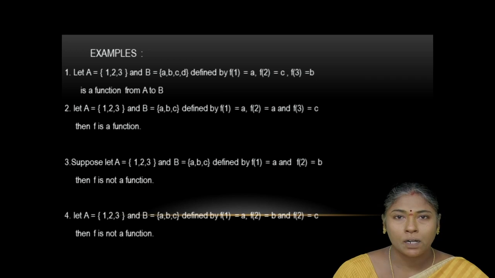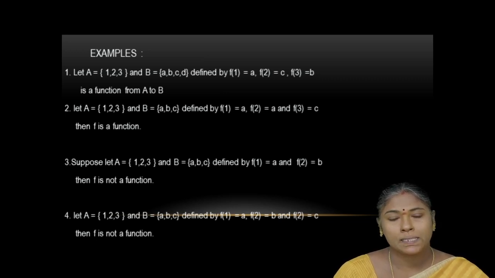So 3 does not have any image in the codomain, and this is not at all a function. Only if images are defined for all elements can we call it a function. So example number 3 is not a function.